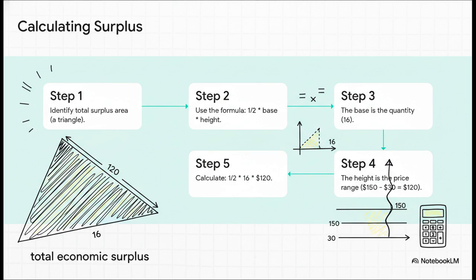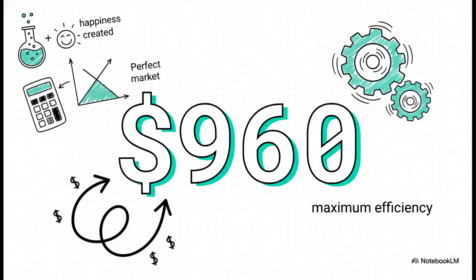That gives us a height of $120. We plug that into our simple formula, 1/2 times 16 times 120, and we get $960. This number right here represents the total value, the total happiness, created by this perfect little market. This is our gold standard, our benchmark for maximum efficiency.